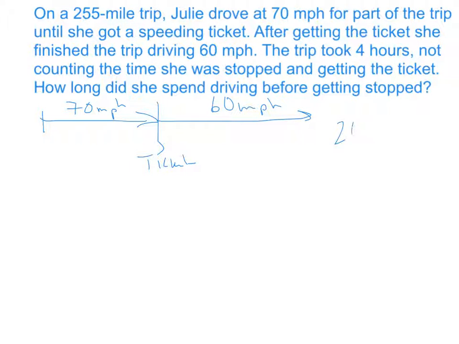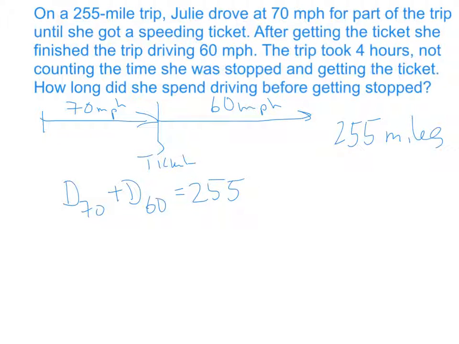So if we write distance equals rate times time about each section, we can write that distance going 70 miles an hour plus the distance going 60 miles per hour equals 255 miles.